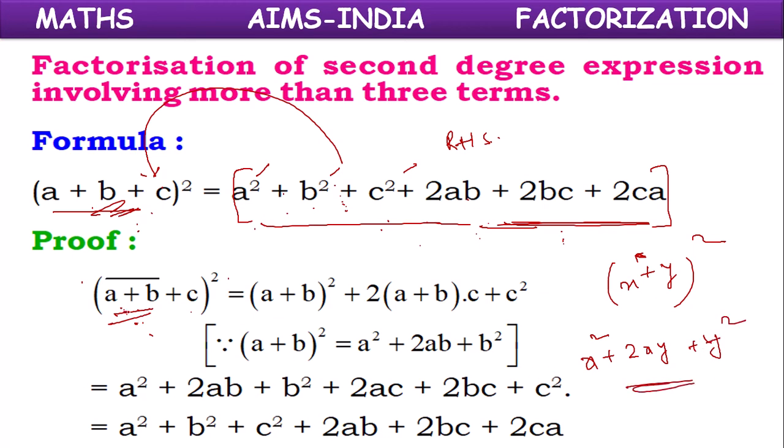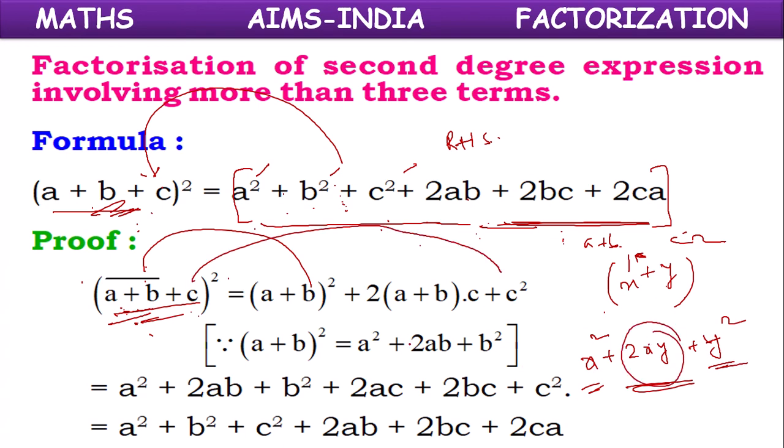So this is in the form of x plus y whole square, where x is equal to a plus b, y equal to c. So in the place of x square, we can keep a plus b whole square. In the place of y square, we can keep c square. In the place of 2xy, we can keep 2 into a plus b into c. Like this we can keep.